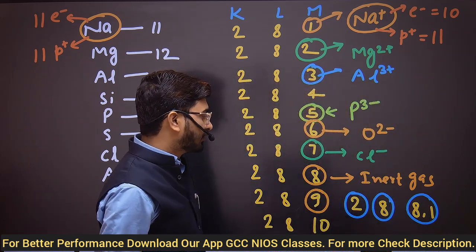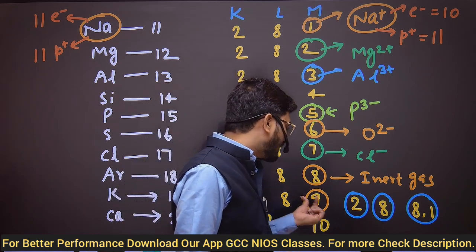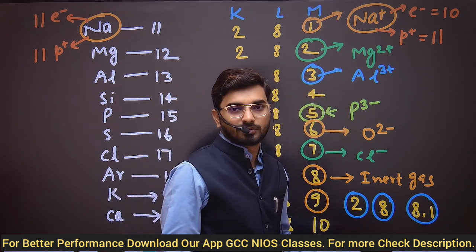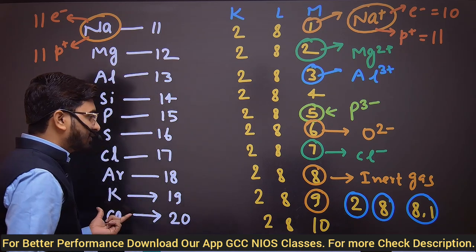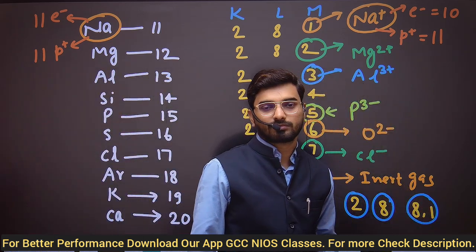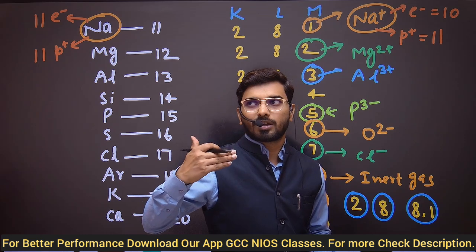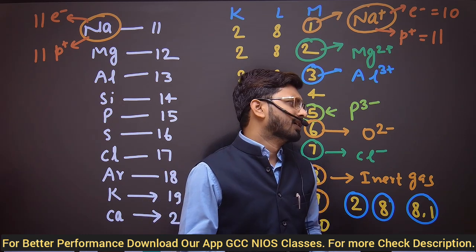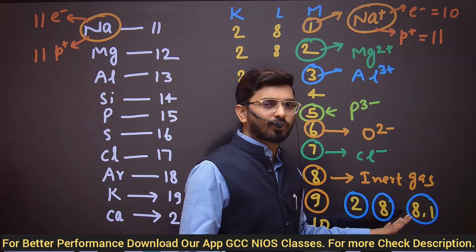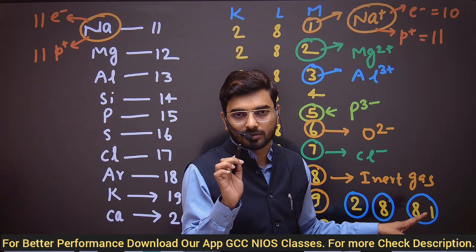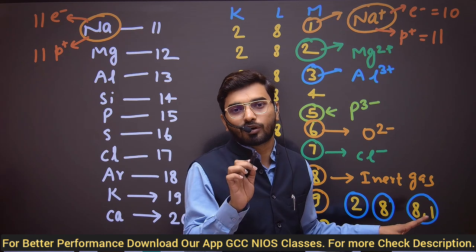We split these 9 in terms of 8 and 1. Now here potassium will decide to donate this 1 electron. Let's imagine you have 9 rupees, but if someone says no, you should have only 8 rupees, not less than 8, not more than 8.